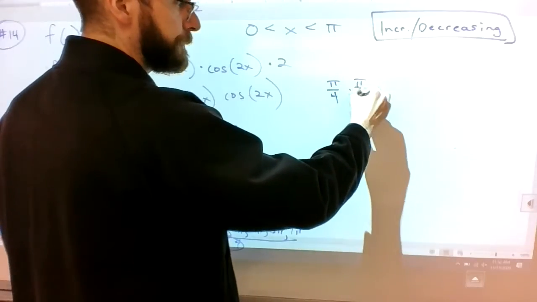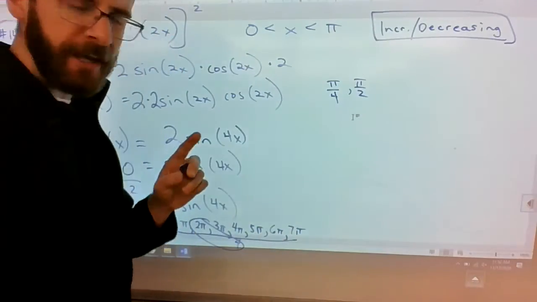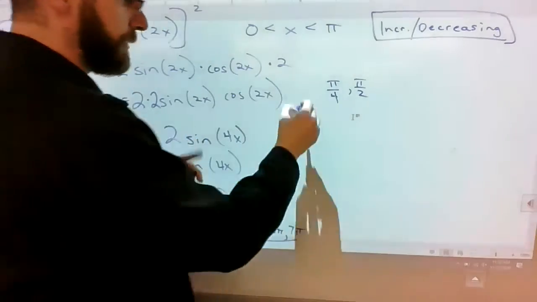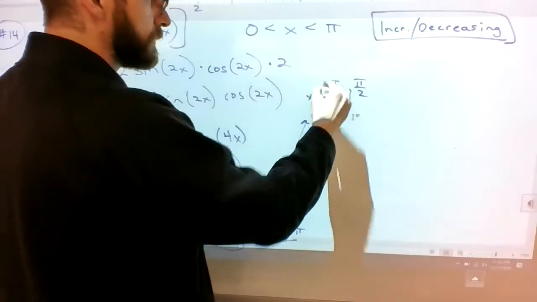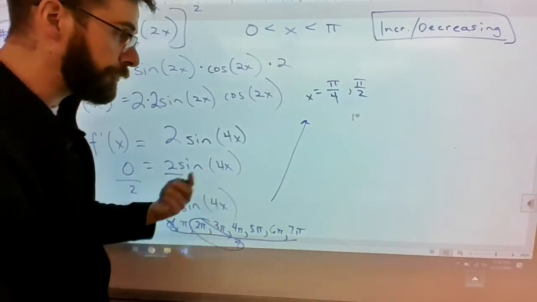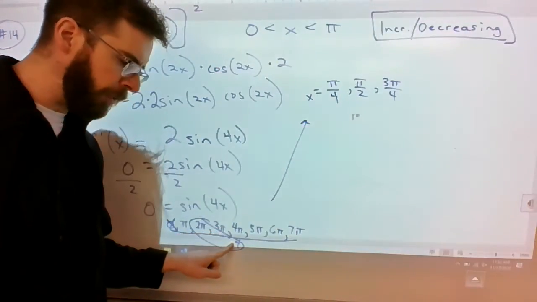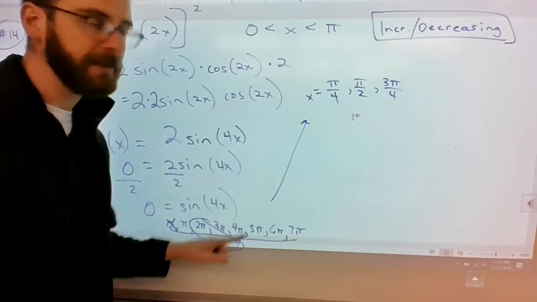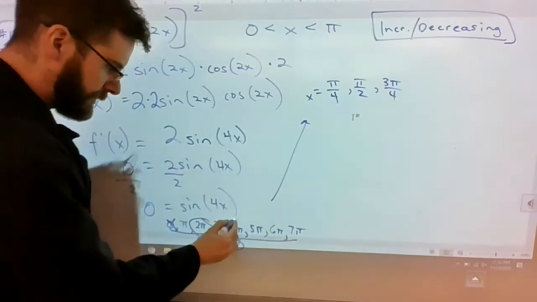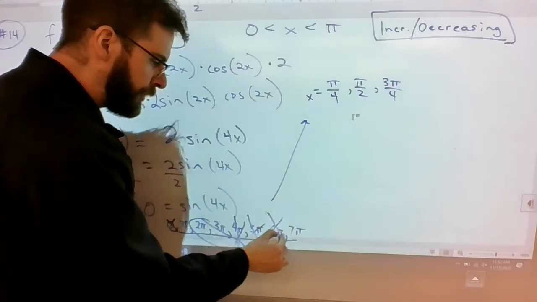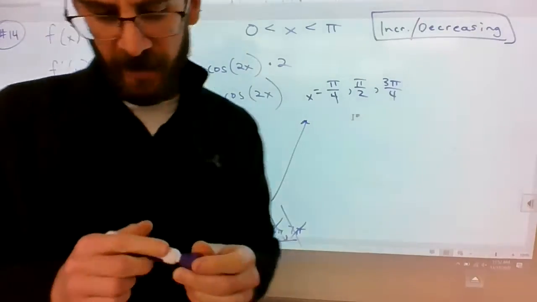It's pi over 2. 3 pi over 4 works. But then once you get to 4 pi over 4, that equals pi. And you need to be less than pi. So you're no good, you're no good, you're no good, you're no good. As Carly Simon said many times.